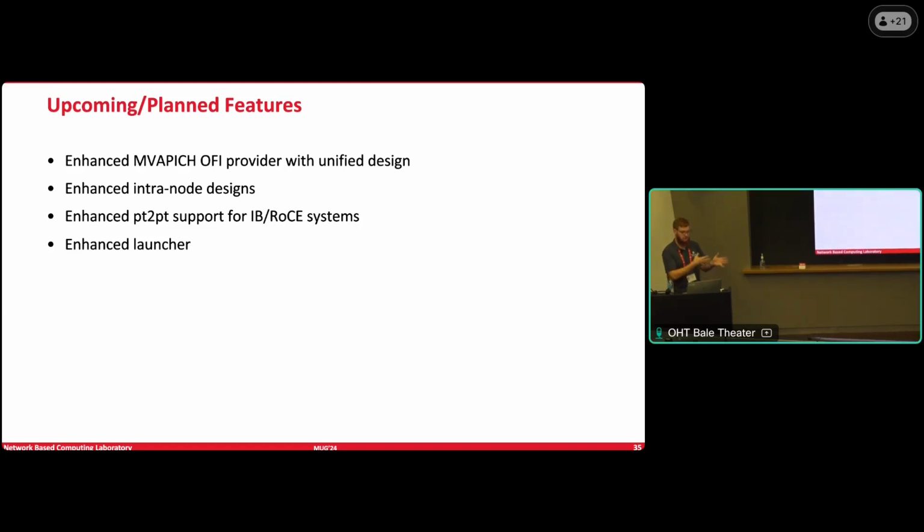We're going to essentially roll that into OFI, as well as enhance our intranode designs and bring in a brand new launcher that will support larger scale systems, as well as some enhanced features like moving our process binding over there so that we don't risk conflicting with different launchers. All of that will be making its way into the open source over the next couple of years. Some of this is already available in our closed source MVAPICH Plus library, which I'll touch on in a little bit.